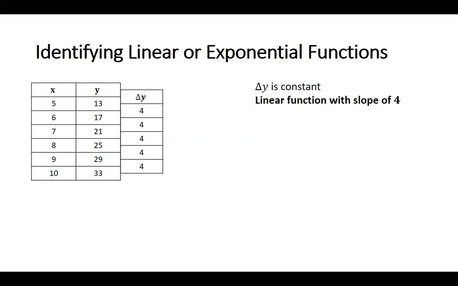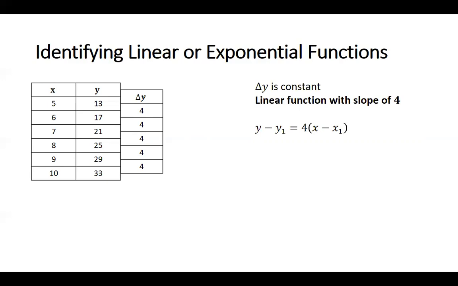So let's see if I can come up with the actual function out of this. Well, I can. I'm going to use the point-slope form, because I have 6 different points on this linear function, and I know the slope, so I can choose any of those. I know the slope is 4, so I plug it in.